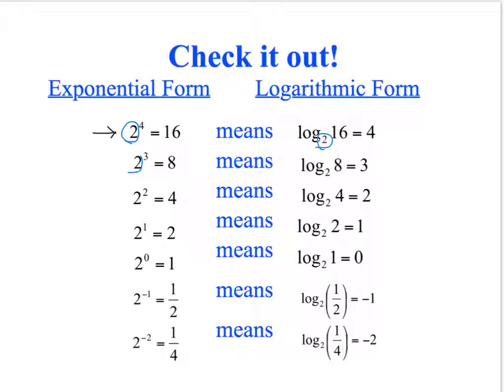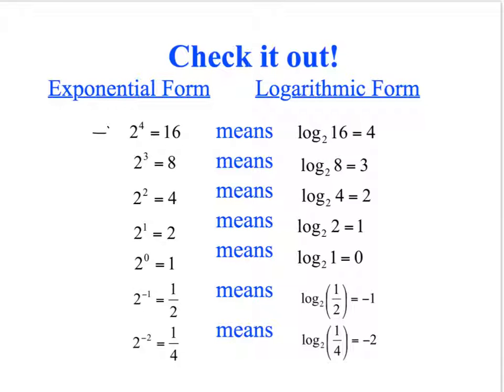So for all of these exponentials we have a base 2, and then when we convert it to a log, the log also has a base 2. This, by the way, is read as log base 2 of 16 equals 4. So that's how we read logs, and the bases will always be the same.